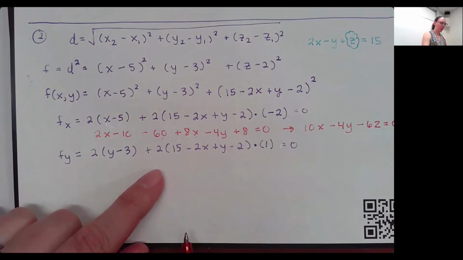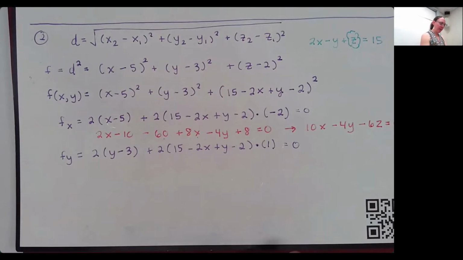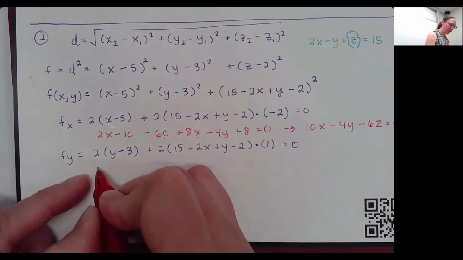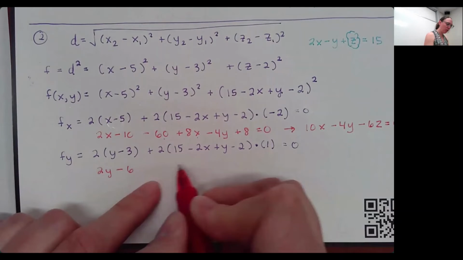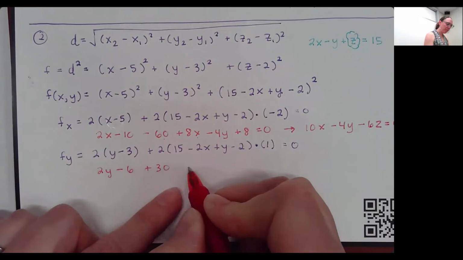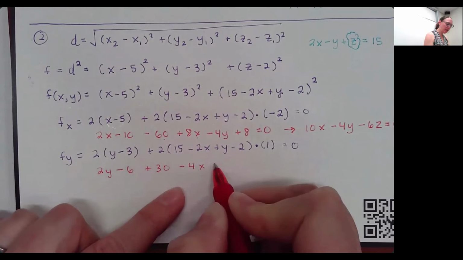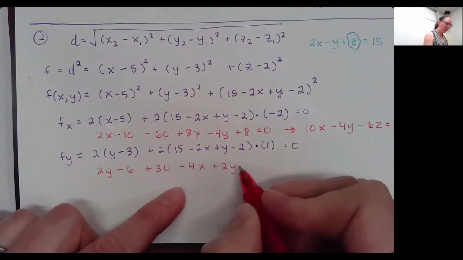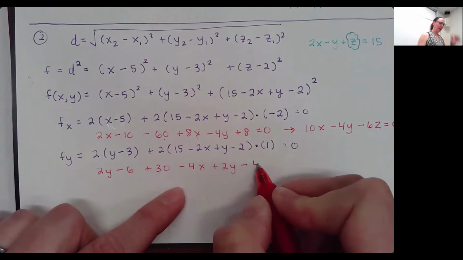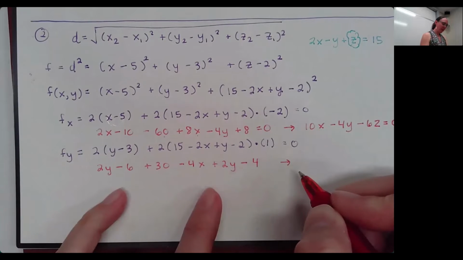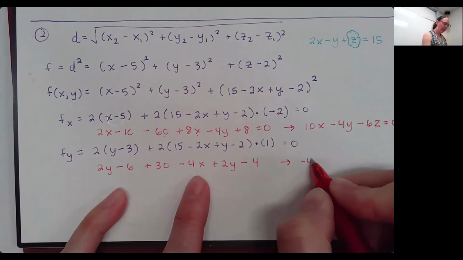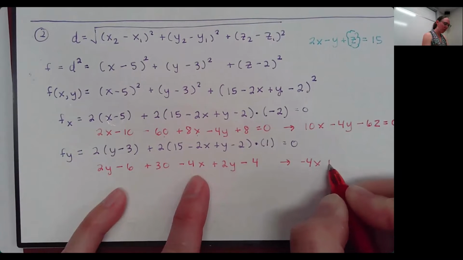Good? Okay, cool. And for the second one here, if I distribute everything out, I've got 2y minus 6, distributing my 2, so plus 30 minus 4x plus 2y and minus 4. So if I combine all of that together, I've got -4x plus 4y.